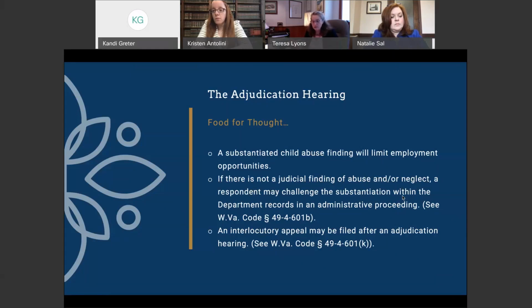It's important to remember that the petition may not be taken as confessed, and that's kind of a term of art, which means that there has to be either some sort of finding by the court and/or representation made by an adult respondent, and that's done via a stipulation. So if you're in a jurisdiction that holds people to the requirement of the statute, I would file an answer even if you're going to stipulate.